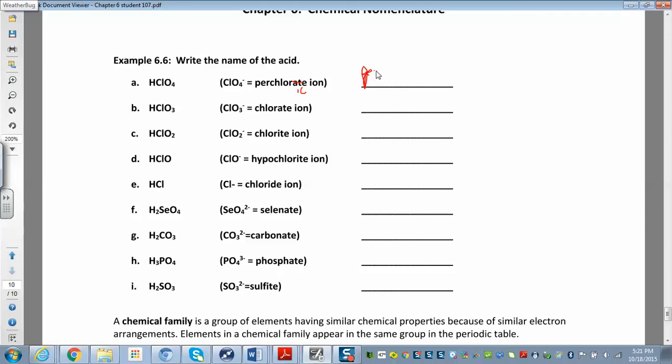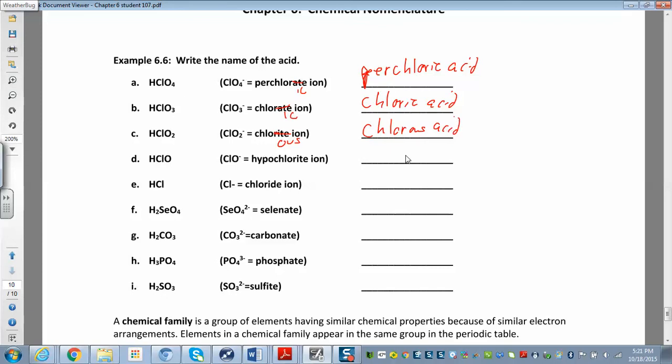So this is perchloric acid. This is another -ate, so chlorate becomes chloric. This is just chloric acid. And -ite, what happens to -ites? They become -ous. This is chlorous acid.